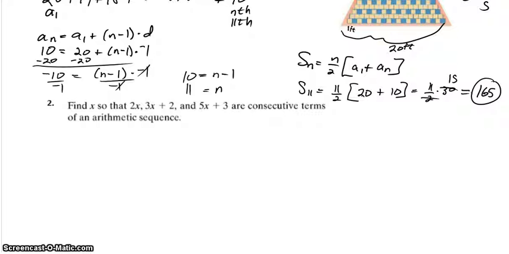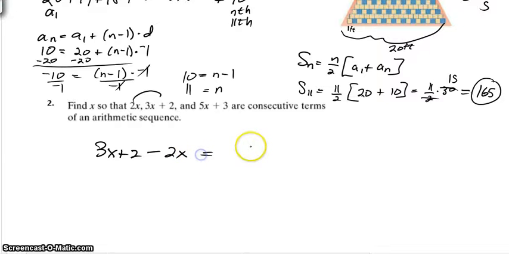Sometimes kids look at that and they're like, well, wow, I don't know a single value here. I don't know a single term. How on earth do I work this through? Well, one of the biggest things that you're talking about is the common difference. 3x plus 2, when I subtract 2x, that should get me the same thing as subtracting 5x plus 3 minus 3x plus 2.